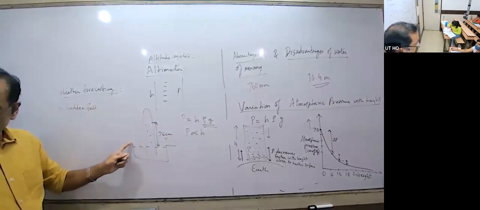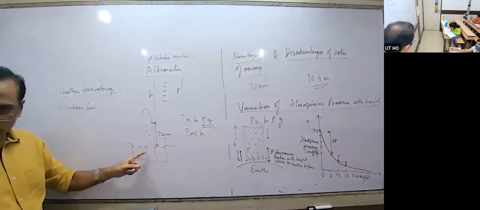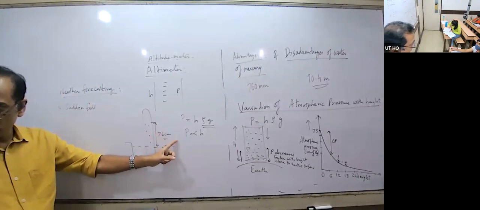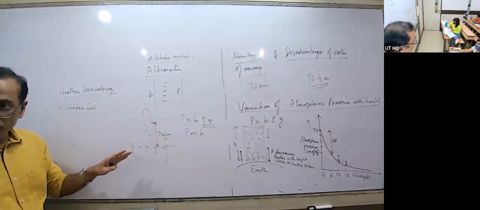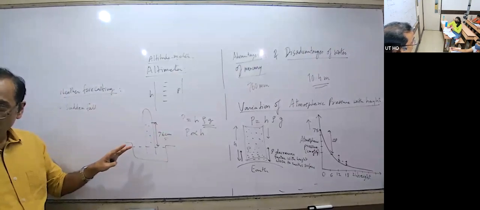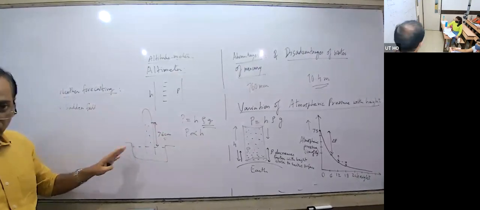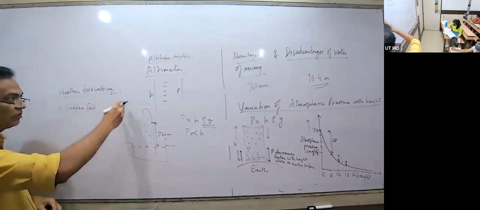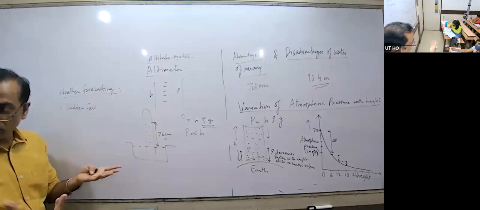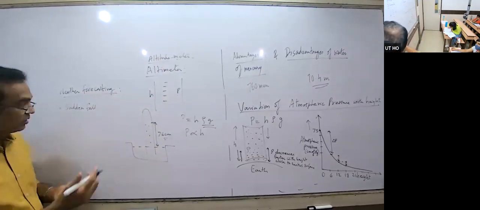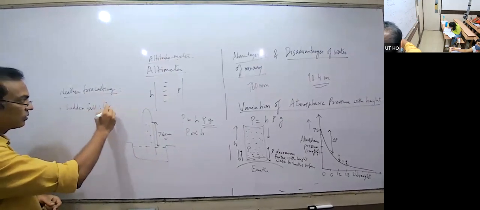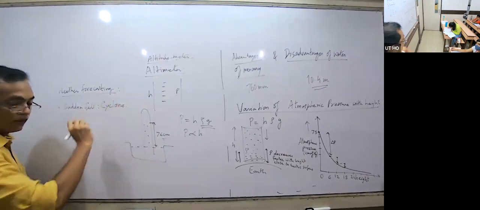When the level falls suddenly, the height is reduced, meaning pressure is reduced. So sudden low pressure means what? Cyclone. When there is a sudden fall, that means the air has moved. So no pressure, no atmosphere. Sudden fall means you can expect a cyclone.